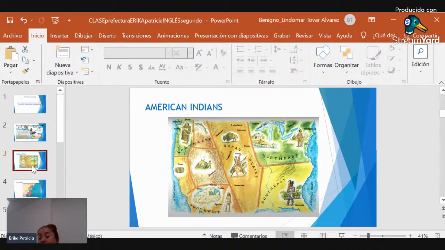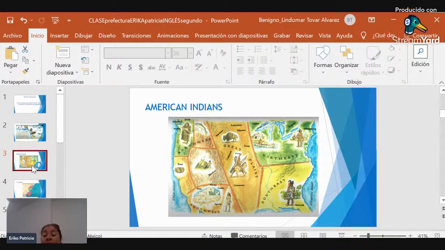the American Indians. These people were occupying the whole country, and these people had a very specific name.